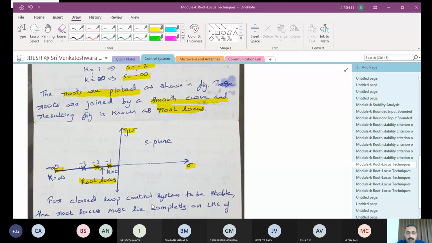Okay, so it is clear for everyone. Then plot that. This is just a basic definition of the root locus. All of you plot this figure. Represent -1, which is the value of S, -2 the next value of S, -3 the next value of S, and so on, up to minus infinity, for the values of k equal to 0, 1, 2, 3, up to infinity.